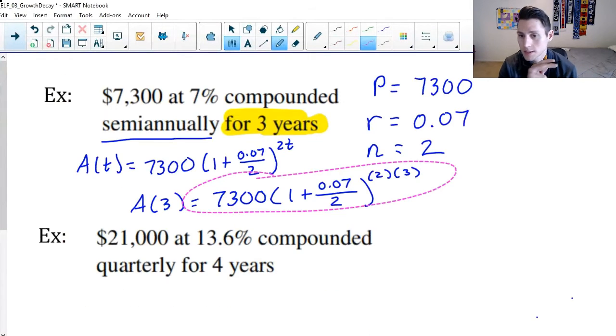So all of this that I've circled in that dotted line, I want you to type in that entire thing to your calculator at once. Don't do it line by line where you first type in 0.07 divided by 2, and then you do +1, and then you do to the power of, and then you do times. Type in that whole thing together. That way you don't mess up.